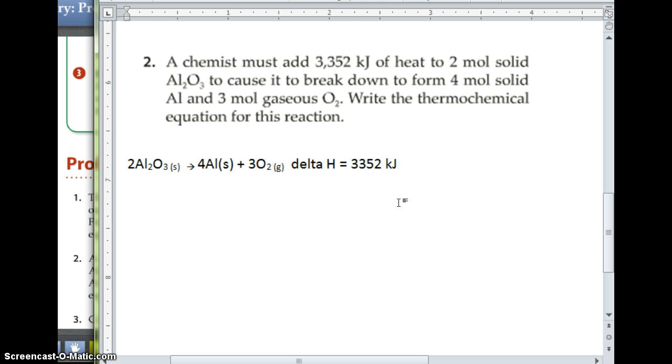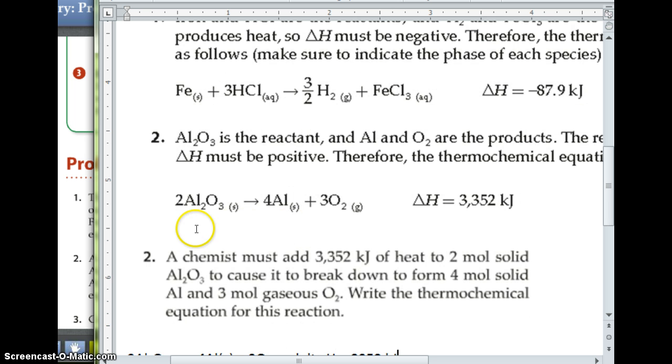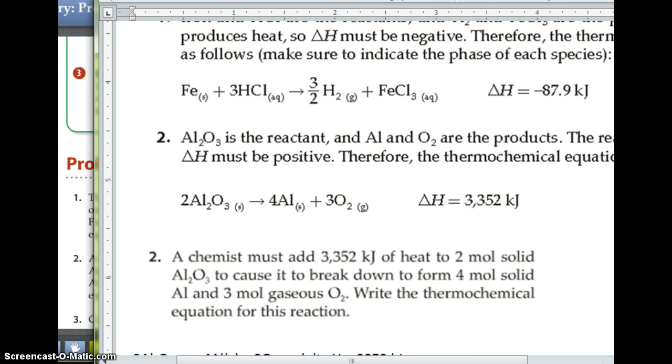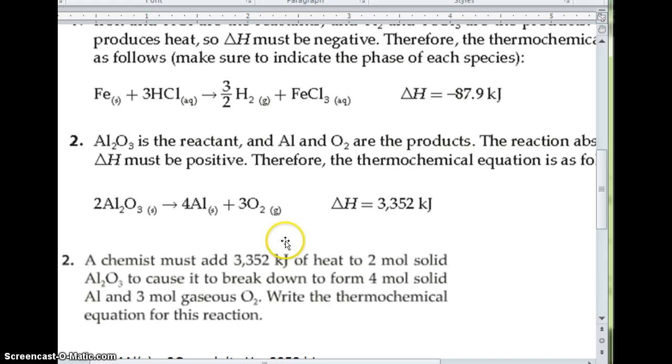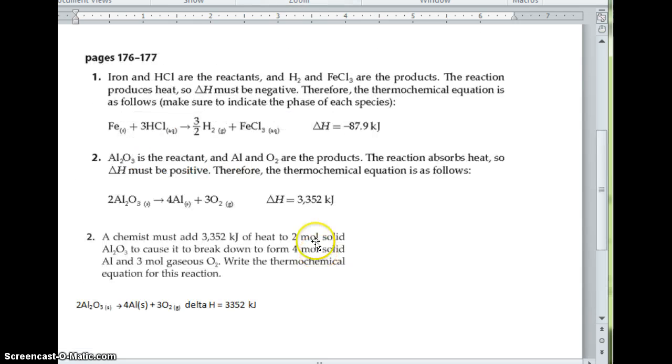You're putting it in. So is that endo or exothermic? It's endothermic. So is it positive or negative? It's positive. All right, and check our answer. And there it is. The reaction absorbs heat, so delta H must be positive.